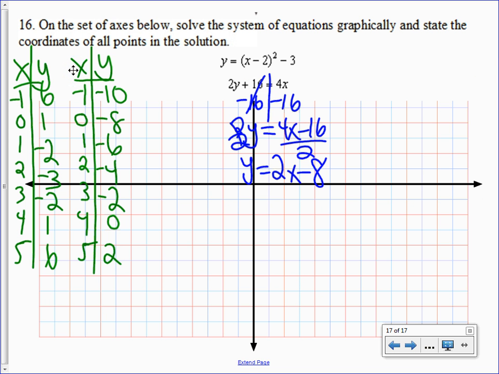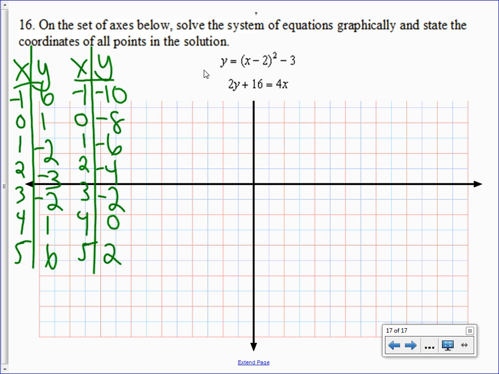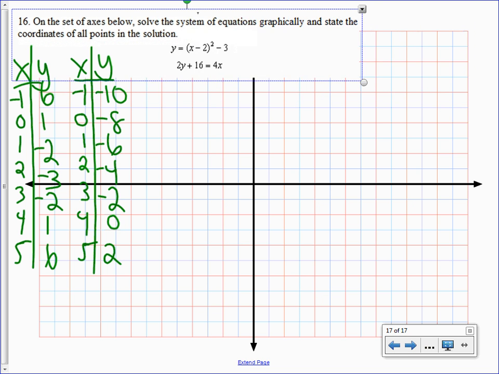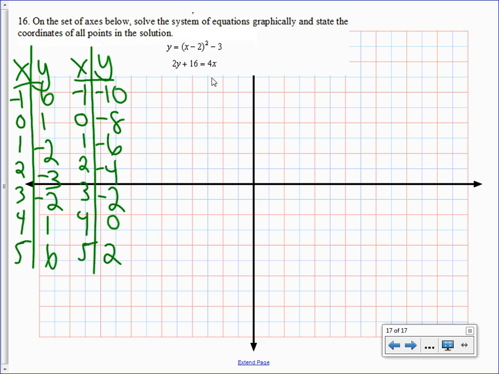Now, I want to plot my points. I'm going to get rid of this because it's getting a little messy here. I want to limit that mess. Make it a little smaller this point as well. I've got negative 1, positive 6. I've got 0, 1. I've got 1, negative 2, 2, negative 3. Now I do my mirror.